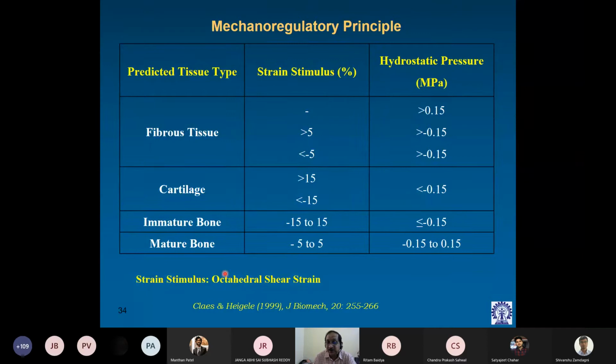The strain stimulus is nothing but the octahedral shear strain in combination with the hydrostatic pressure of that particular tissue. So octahedral shear strain and hydrostatic pressure, the threshold values, together contribute towards the choice of what type of tissue is formed. Okay? Newly formed tissue there.